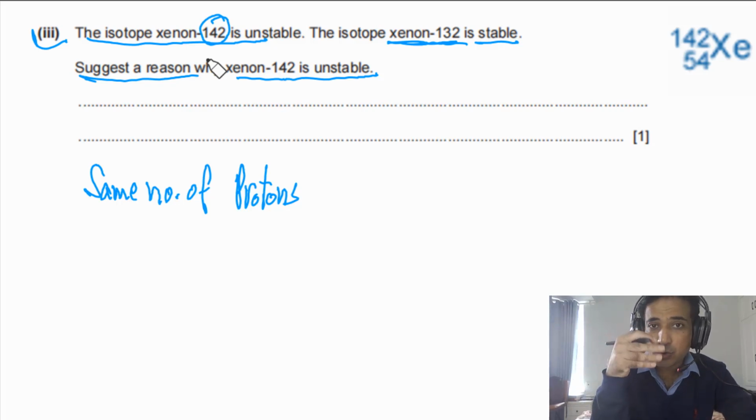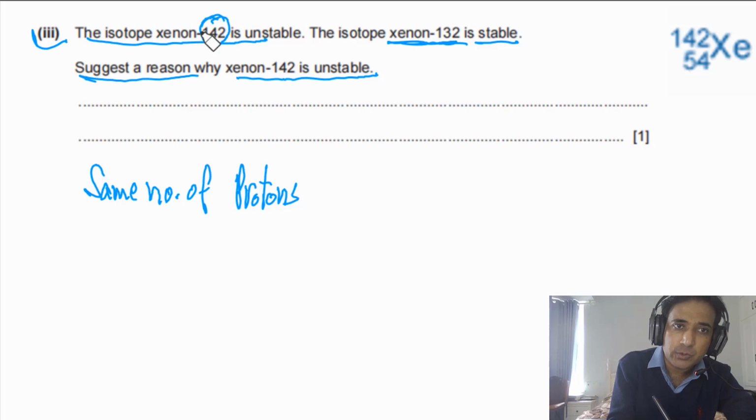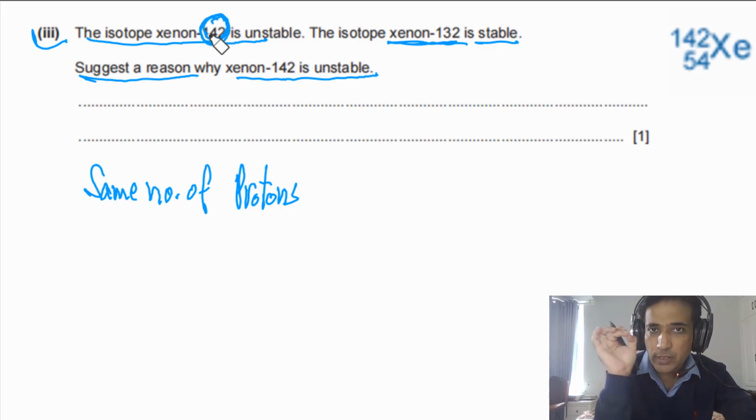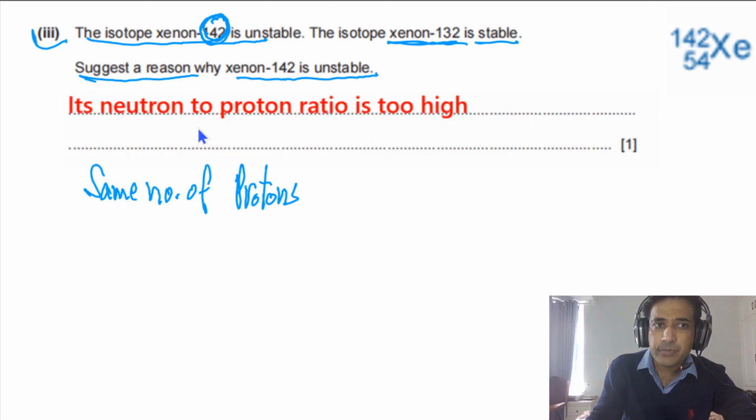As the ratio of neutrons to protons increases, isotopes become more unstable. So the ratio of neutrons to protons is higher for xenon 142, and that's the reason it is unstable. For the answer, simply say its neutron to proton ratio is too high.